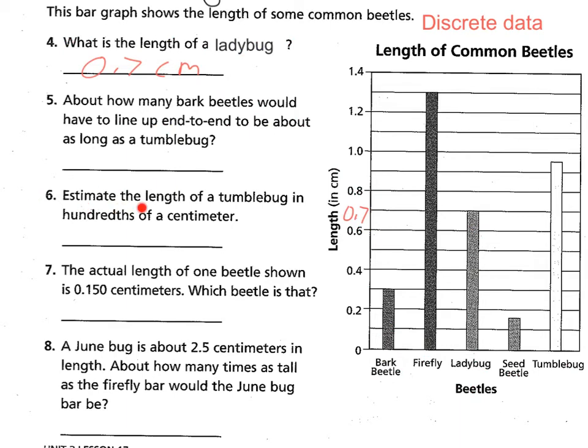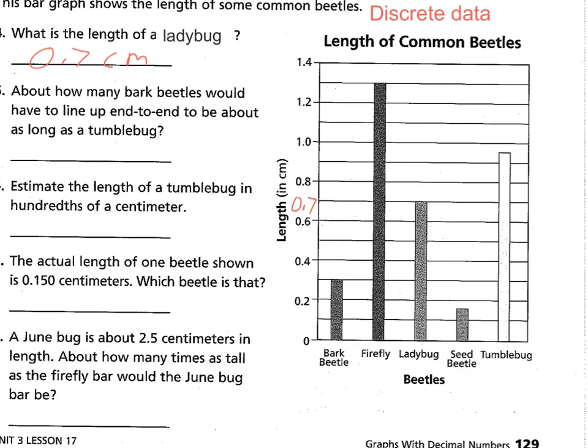Next, it says estimate the length of a tumblebug, right here in the white bar, in hundredths of a centimeter. Notice my scale here only goes to the 10th. This is in between 2 different tenths. So what would it be if it was closer to the 100th? Well, I want to figure out which 2 tenths it is between right now.